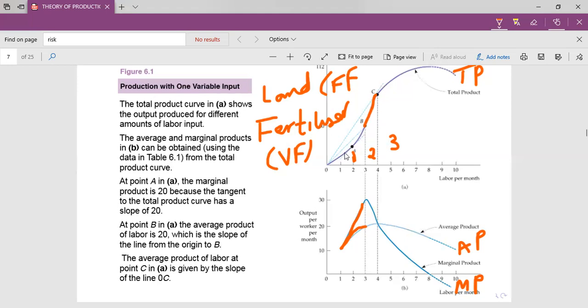It will be positive, yes, but it will be increasing at a lower rate. So that is stage 2. There, the average product will now begin to decrease. Even the marginal product will now begin to decrease.